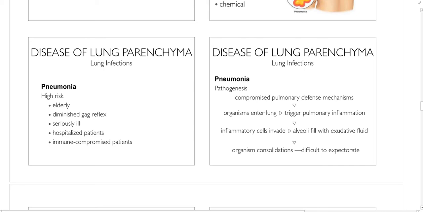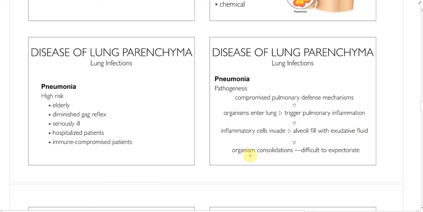Sometimes just simply exposure leads to pneumonia. But for a lot of people, it starts with a compromised pulmonary defense mechanism, and then some organism that leads to pneumonia enters the lung. That triggers a pulmonary inflammation. The inflammatory cells then invade the alveoli, which promotes inflammation and a lot of exudate. The alveoli then fill with the exudate fluid from the good, normal immune response.